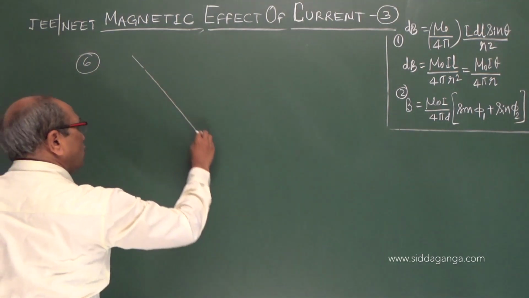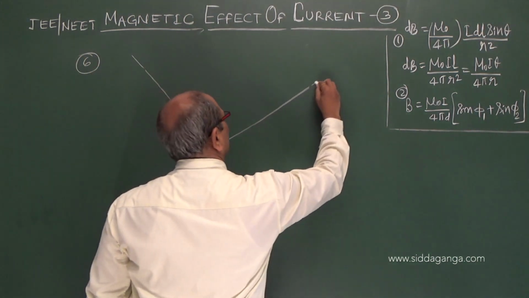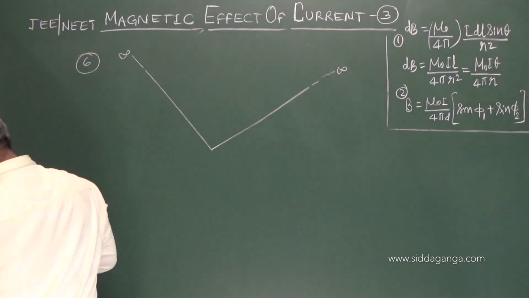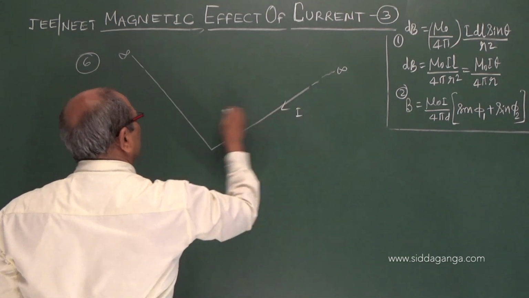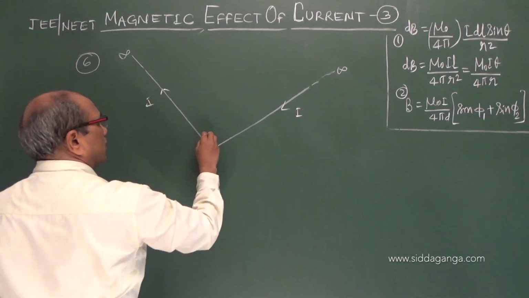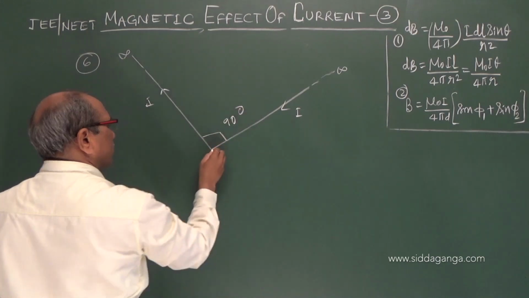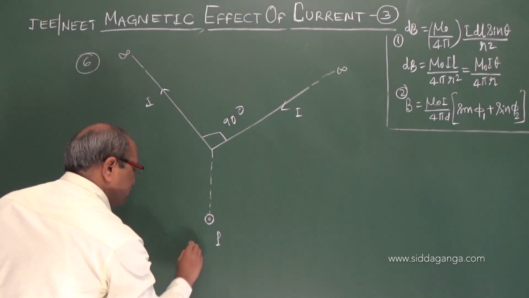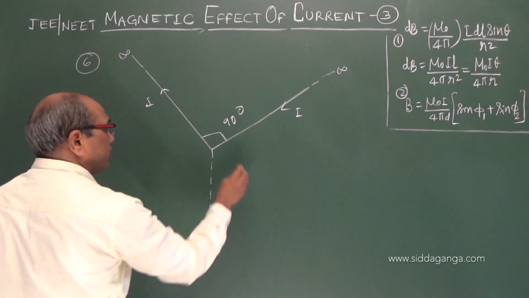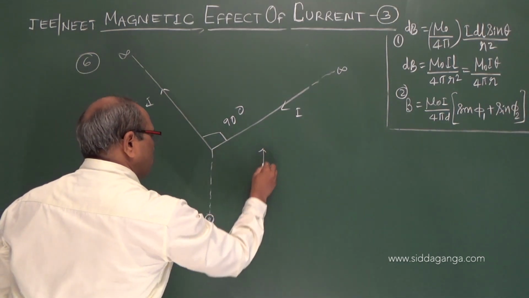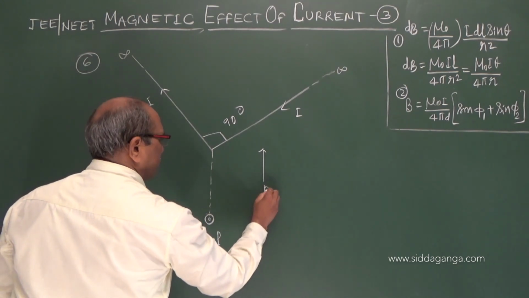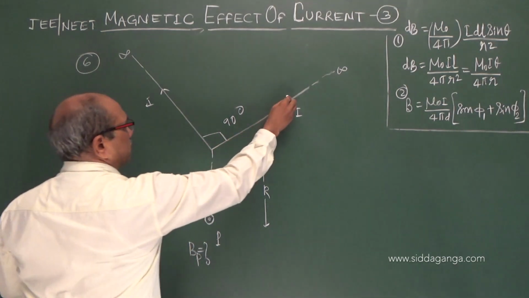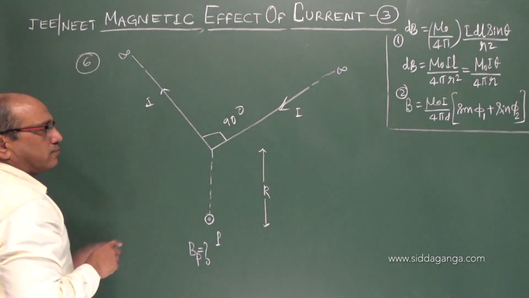Infinitely long. Current is inward. This angle is 90 degree. We want a point P at which I want to find the magnetic field, and this distance is given as r. Now again you see both can produce the field at this point.